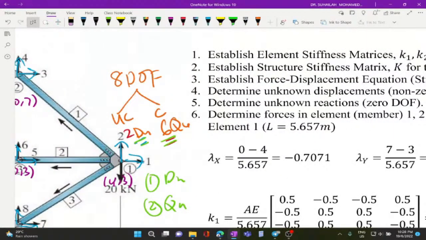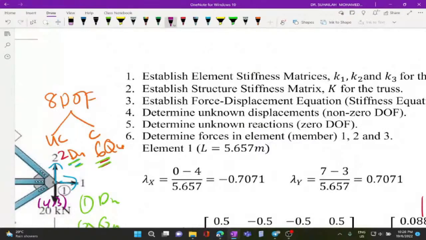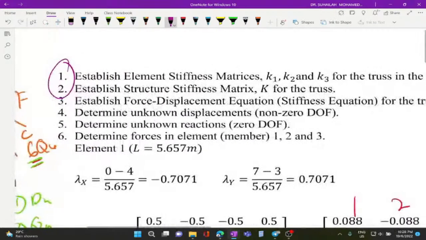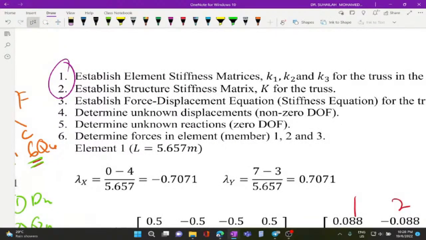In part B, I covered how we establish the element stiffness matrices and the structure stiffness matrix for the truss.